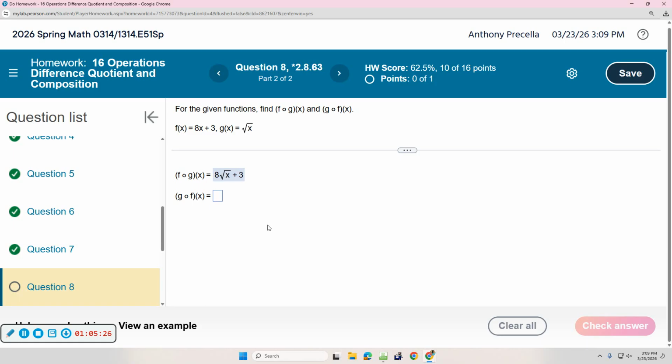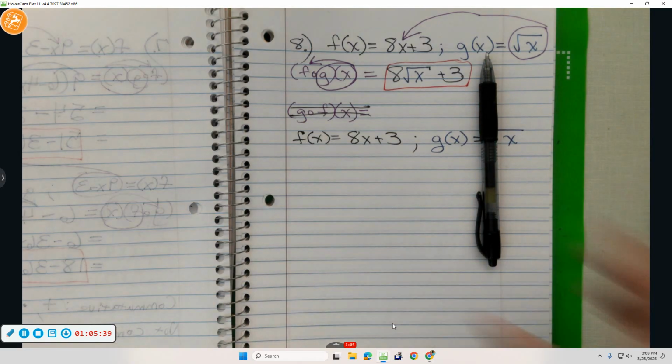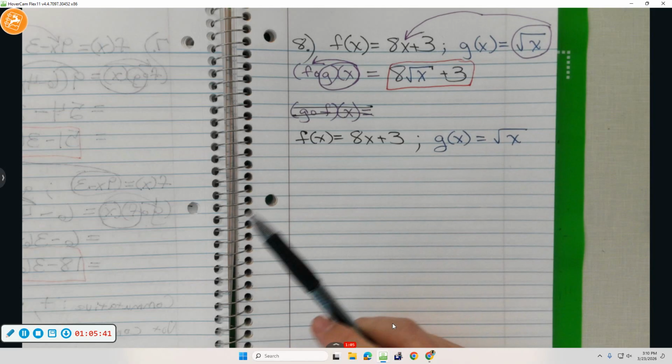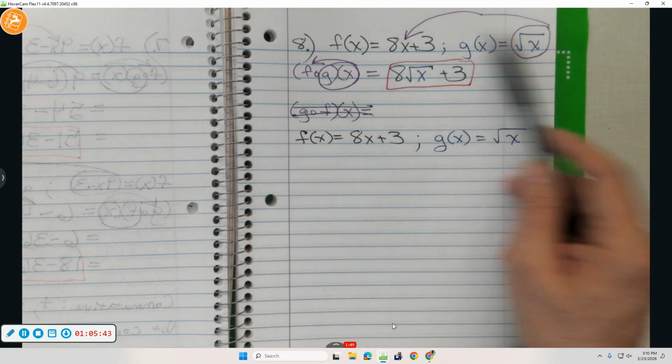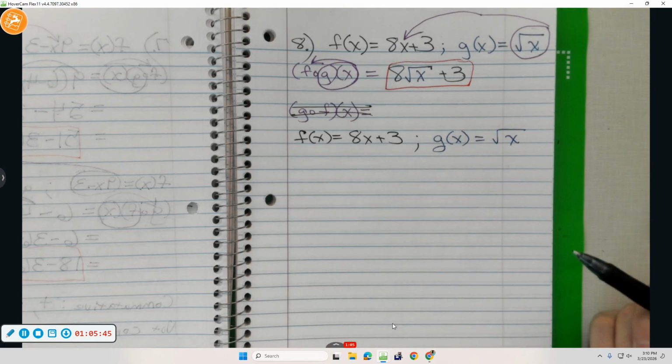There. You might be able to see, I'm going to take this and plug it in over here. You might be able to do all those arrows up there, but it just gets too messy for me.